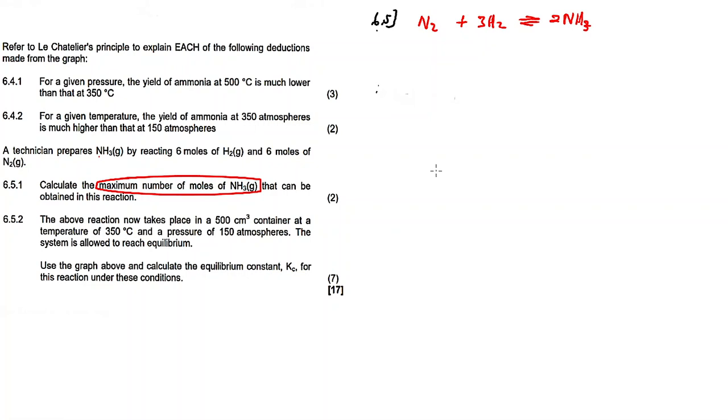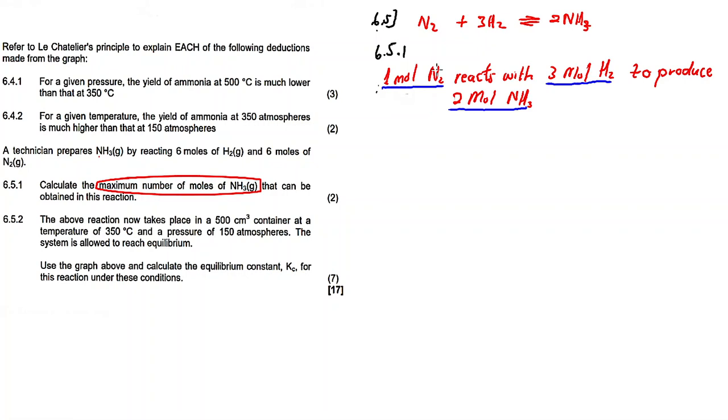Right, and then we see from this reaction that 1 mole of nitrogen gas reacts with 3 moles of hydrogen gas to produce 2 moles of ammonia. So these are the ratios of our balanced chemical equation.